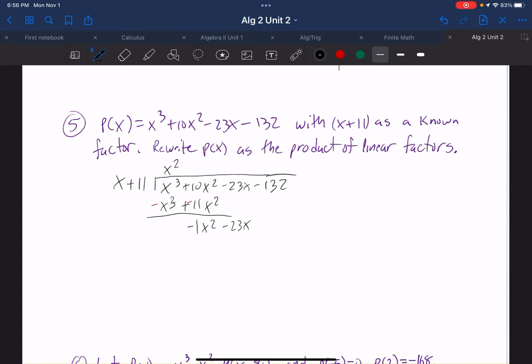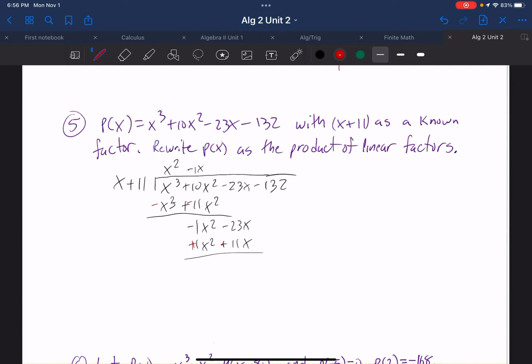Now I'm going to pick out -1x. I can put a 1 there, that's fine. So it's -1x squared minus 11x. Now I'm going to go to red and add, because I'm going to subtract the subtraction, so that's adding now.